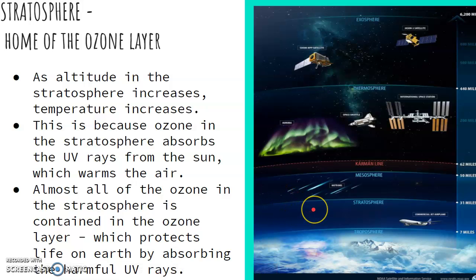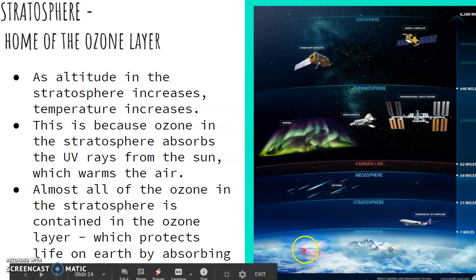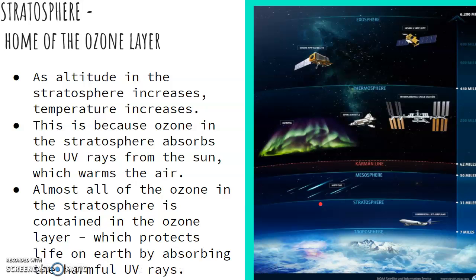But as you go higher up in the stratosphere, it actually does not get colder. It gets warmer. So if you remember, in the troposphere, as you go higher up, it gets colder. But in the stratosphere, it's colder near the lower end, but as you go higher, it gets warmer. And that is because of something called the ozone layer. Now, if you remember from our previous lessons, the ozone layer is basically a layer of O3 molecules.